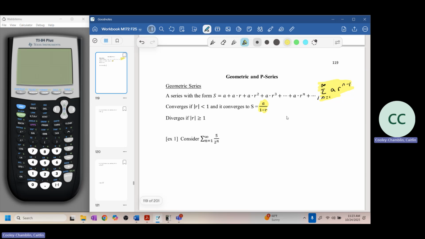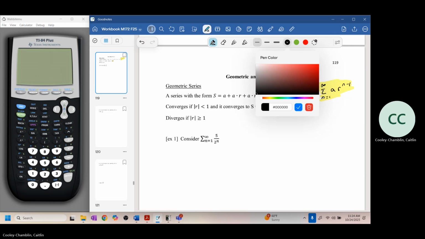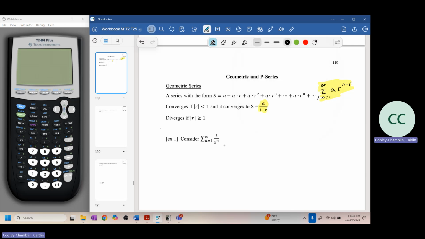Example 1 says consider the summation of n equaling 1 to infinity of 5 over 2 to the n. Now let's write the first few of these terms out. If we let n equal 1, we have 5 divided by 2. And if we let n equal 2, then we have 5 divided by 2 squared, which is 4.